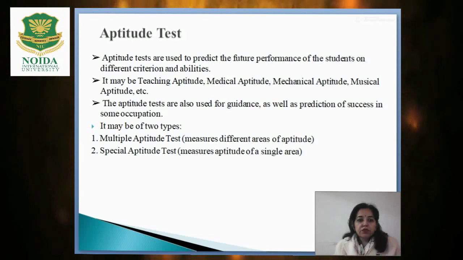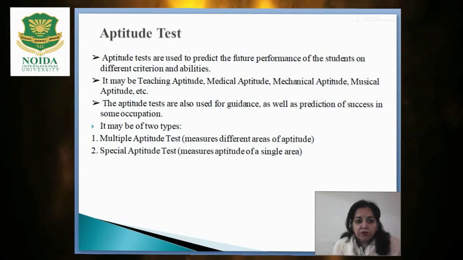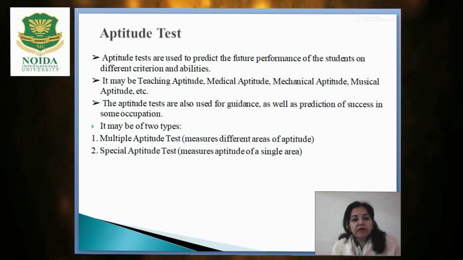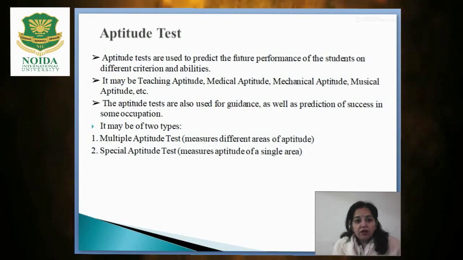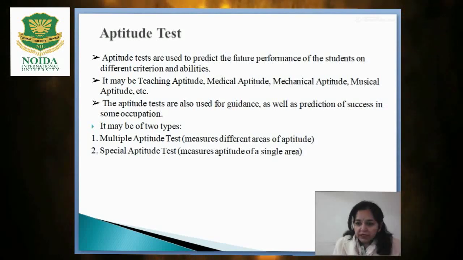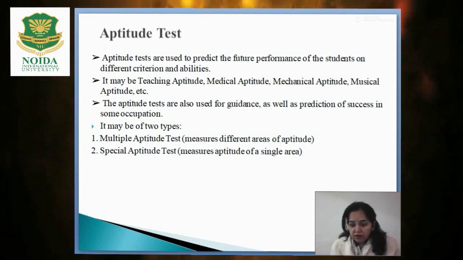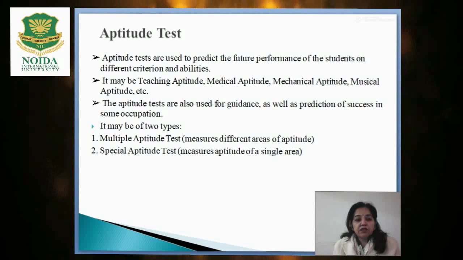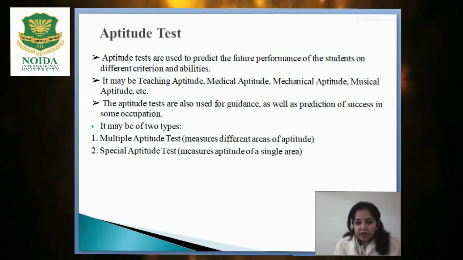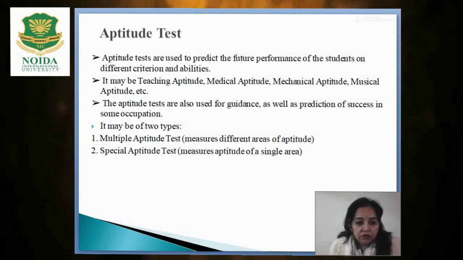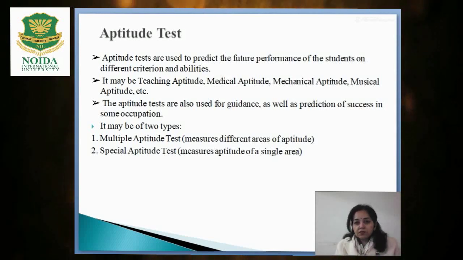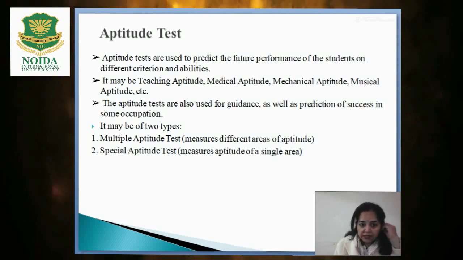For pursuing an engineering course, one needs to have engineering aptitude. For pursuing teaching as a profession, you need to have the aptitude of a teacher and a good human being. So all this is predicted through aptitude tests.